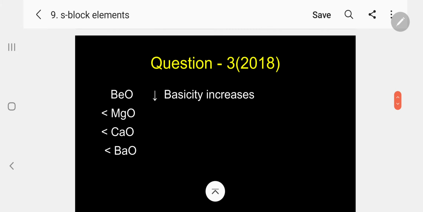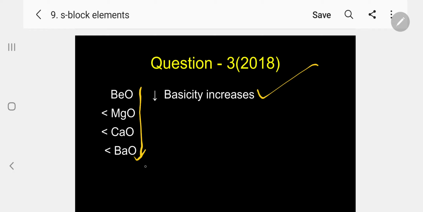Across the group, in the order beryllium oxide, magnesium oxide, calcium oxide, barium oxide, basicity generally increases, because the ionic character increases down the group. When basicity increases, the basic character is high, which means less acidic.